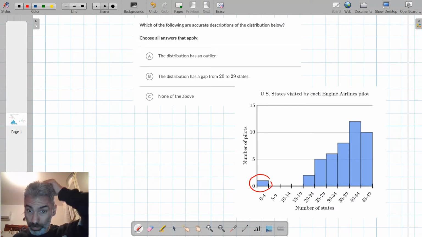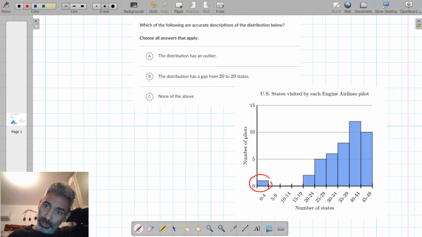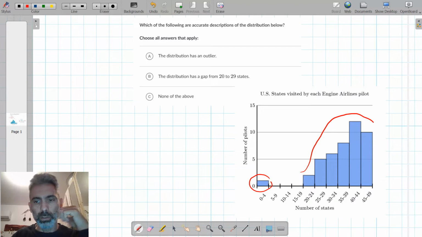So see here that 0 to 4 number of states, number of pilots each. Okay. So only 1 pilot visited between 0 and 4 states, and this is definitely not representing the bulk of the data in this histogram, so this is an outlier.